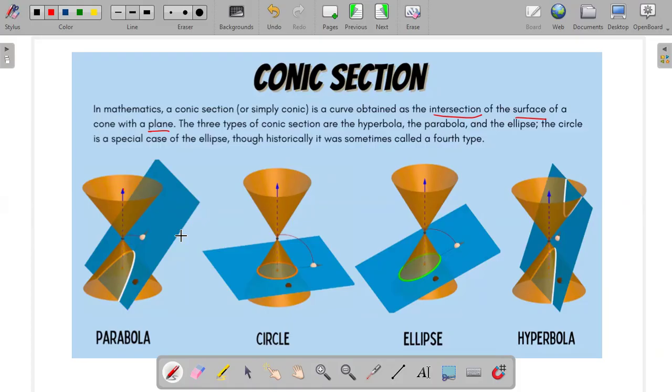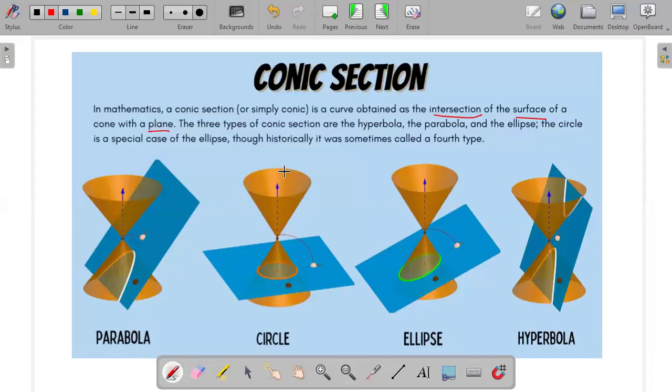Now the conic section, as we said, when this plane cuts through the surface of this cone, it's going to form a conic section. Hence the name conic sections, because you're making a section or a cut through a cone.